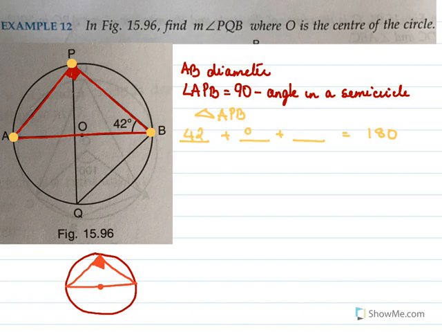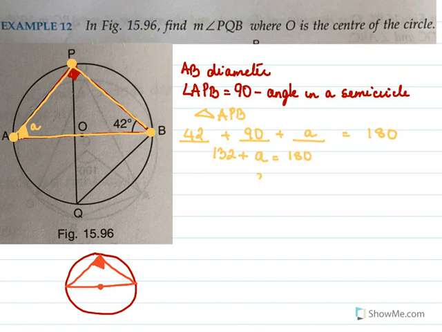So it is 42, 90, and we need to find this angle A. So we put that angle as a, small a, equal to 180. I'm using the angle sum property. So this is now 132 plus a equals 180, and a is 180 minus 132, which is 48. So here angle A will be now 48.